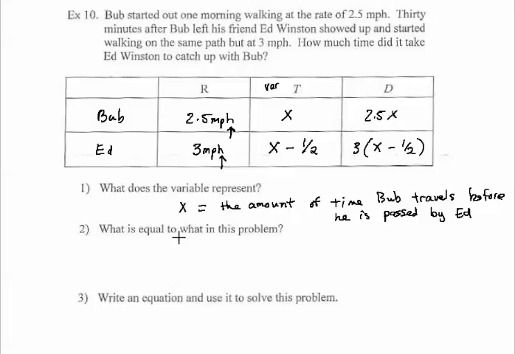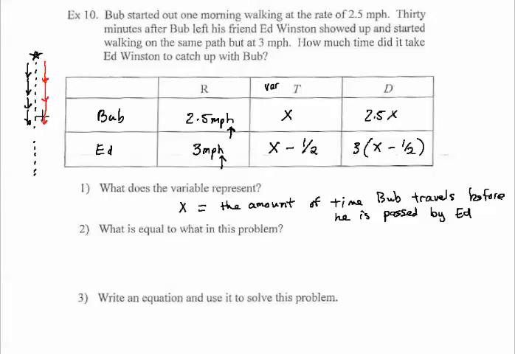What is equal to what in this problem? Well, when I first started out, I drew a picture, and the two guys were walking along the trail, and we said at some point as the hours go by, Bub is going to get passed by Ed.